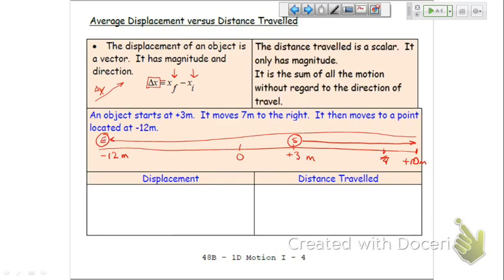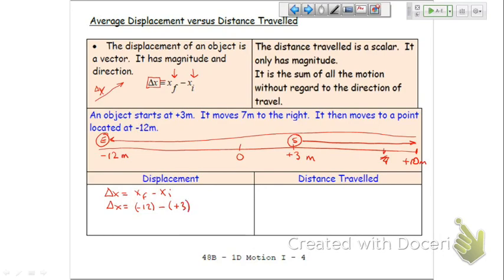So what's its displacement? Well, displacement is equal to my final position minus my initial position. So my displacement is equal to, look at my diagram. I'm not looking at the blue words, they're gone. I'm looking at my diagram, I'm going -12 minus +3.